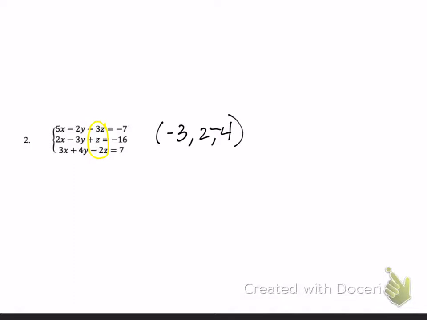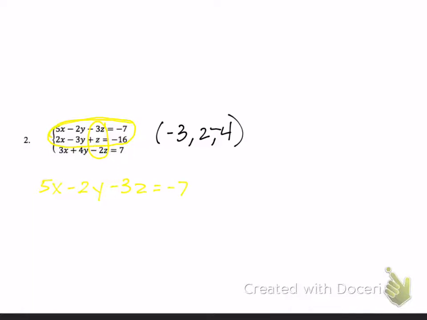So let's look at, I'm going to do the top 2 first. And I need to multiply the second equation by 3 in order to get the z's to cancel. So I'm going to rewrite them. I'm rewriting the top one to stay organized because I have so much space.